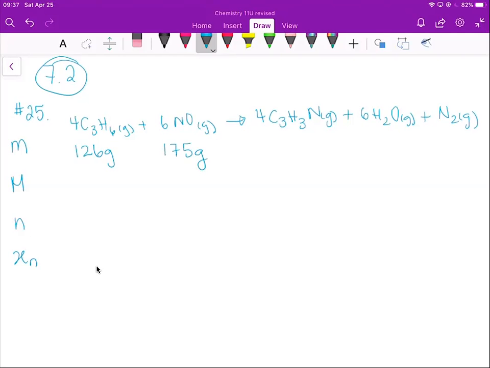So this one, I have to figure out who's the limiting reactant, who's going to have less moles, or who's going to finish the reaction first. Whichever entity has the lowest number of particles and runs out the quickest is going to be the limiting reactant, okay?